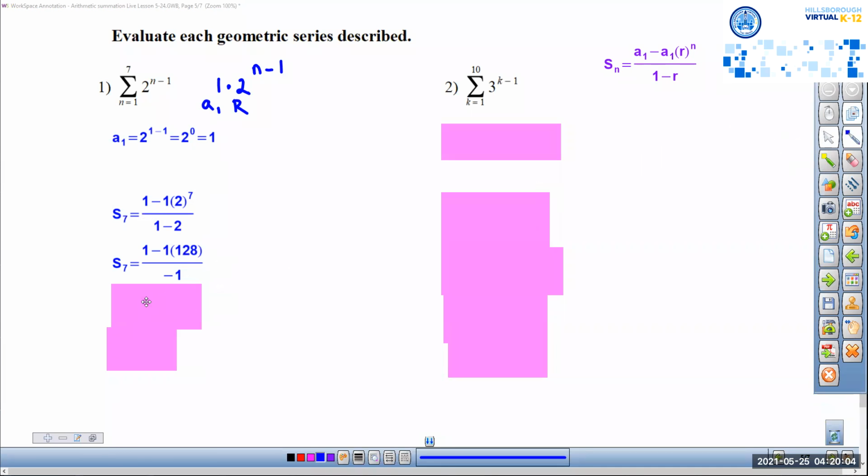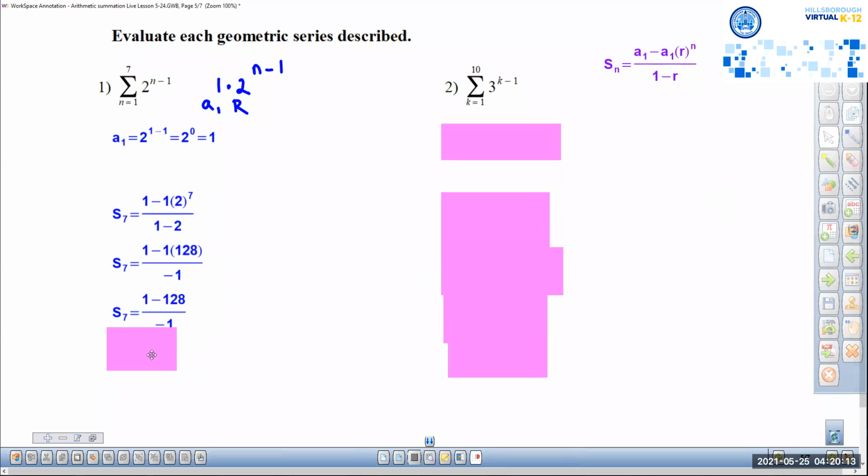Okay, now you're going to do negative 1 times 128. So now you have 1 minus 128 divided by negative 1. Do 1 minus 128, that is negative 127, divided by negative 1 is positive 127. I see problems all the time right here.